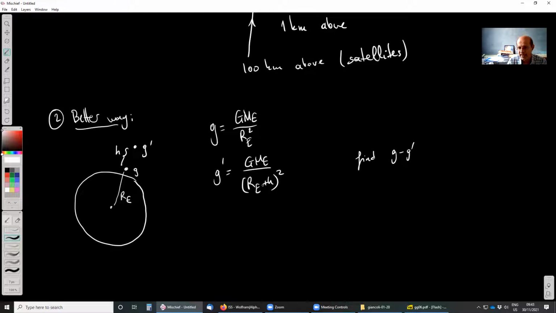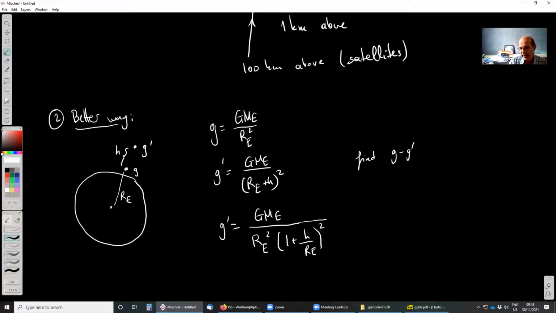As a result, I can start from this. One of the nice techniques in here is to make this expression dimensionless. So I can write g prime as G Me divided by, I take Re out, so that's Re squared times 1 plus h divided by Re, squared. Okay.